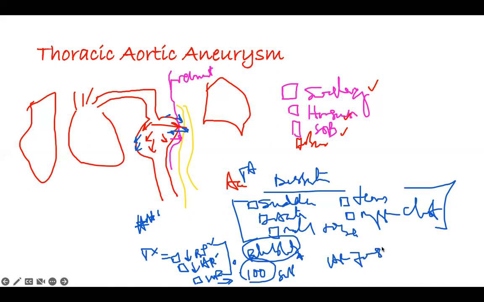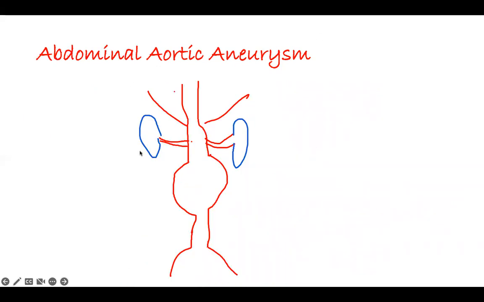So this is the treatment for a patient presenting with a dissecting thoracic aneurysm. They will need surgery depending on the location, but that is too much for you to worry about. This is a summary of a thoracic aneurysm: the presentation, the signs and symptoms, and the treatment. Next, the ones in your abdomen. So this is where it's located.